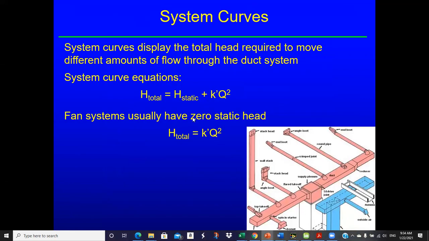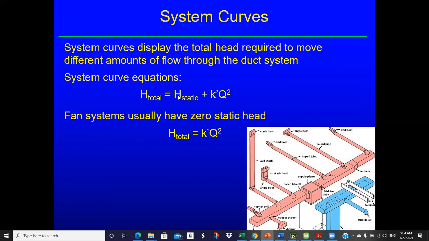Okay, so here's an equation. Total head can be a static head plus just a constant we're calling K prime times the flow rate CFM squared. Now if, for example, you had a fan that was blowing into a pressurized chamber, that pressurized chamber might be at 10 or 15 inches of water.